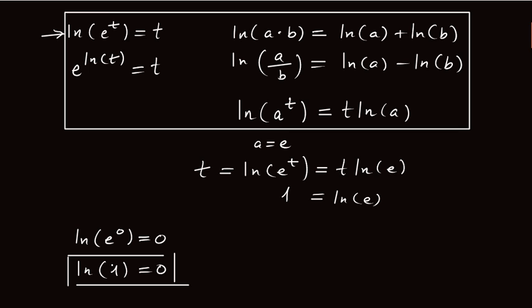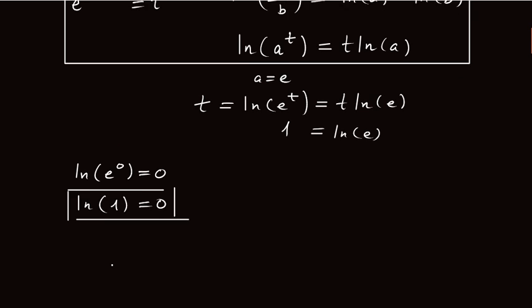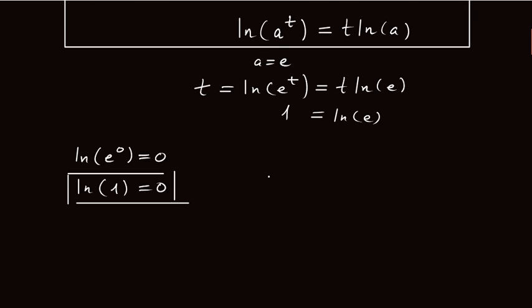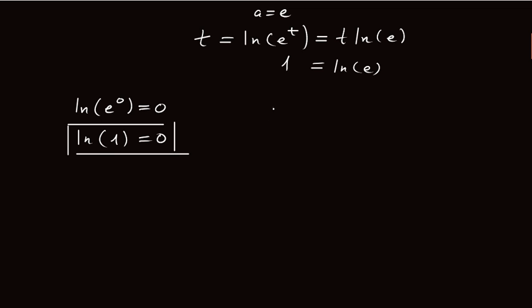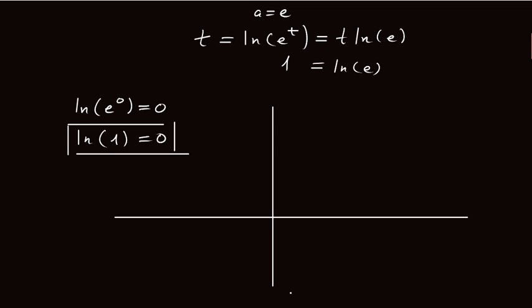One last thing to talk about, which is the graph of the natural logarithm. The graph of the natural logarithm looks like this. Now we know that the natural logarithm of 1 is 0, so we do know there's an x-intercept. And it can also be seen that the natural logarithm is always increasing.